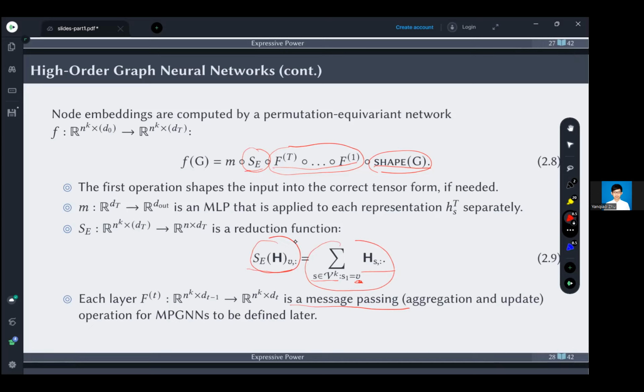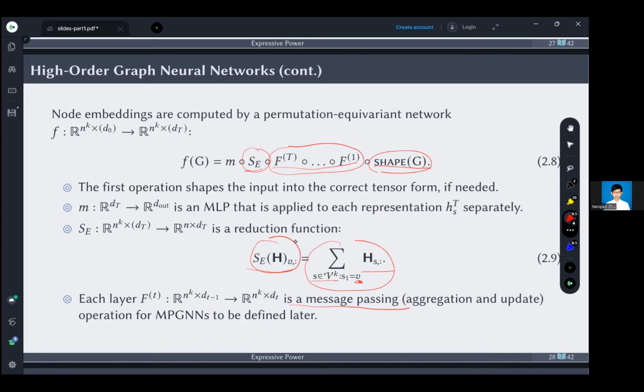This operation is kind of complex, but okay. Imagine that you have a two-tuple. Your model is focused on two-tuples, and for the first T layers, that is F1, F2, and so on until Ft, it just operates on the tuple itself.